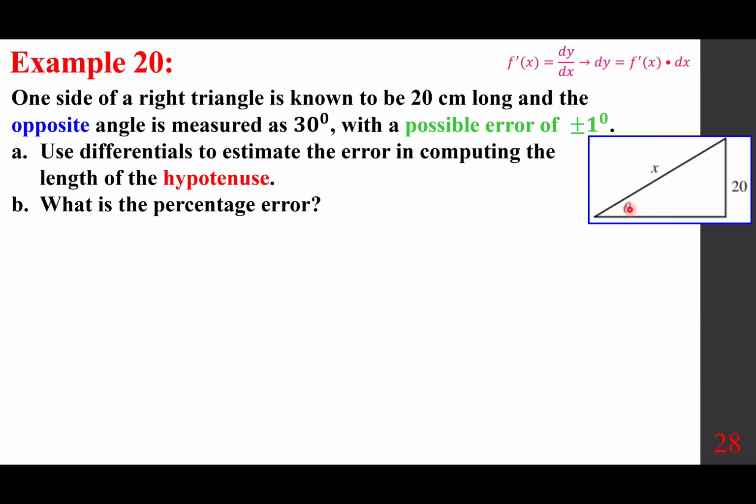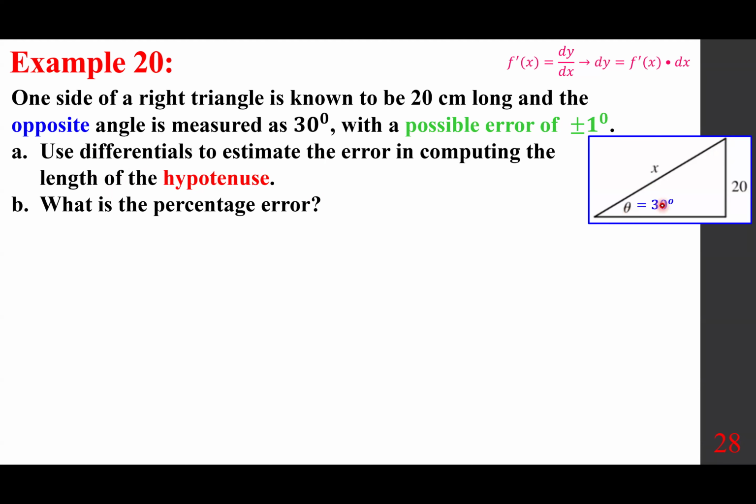So theta equals 30 degrees, one leg is 20 centimeters, the opposite angle is 30 degrees, and d theta is plus minus 1 degree, or plus minus pi over 180. And we want to use differentials to estimate the error in computing what? The hypotenuse. So we are interested in the change in that, dx.